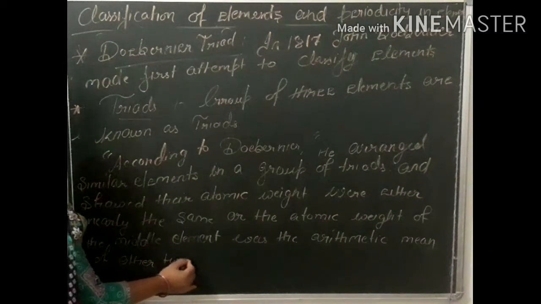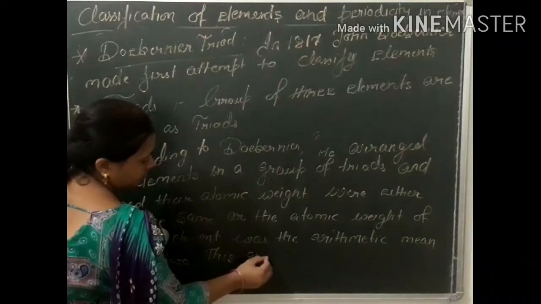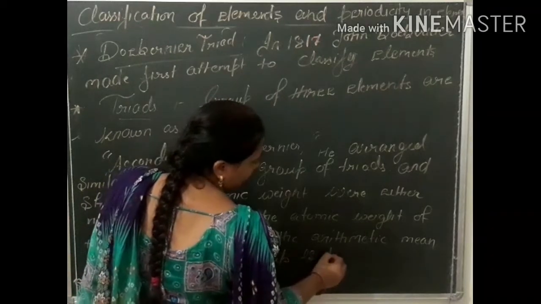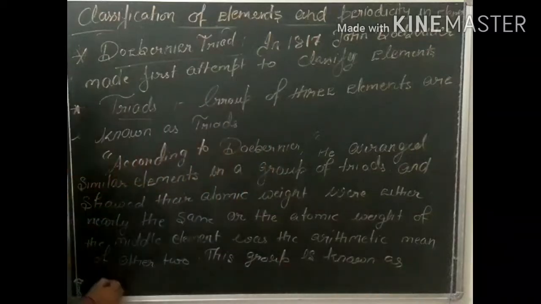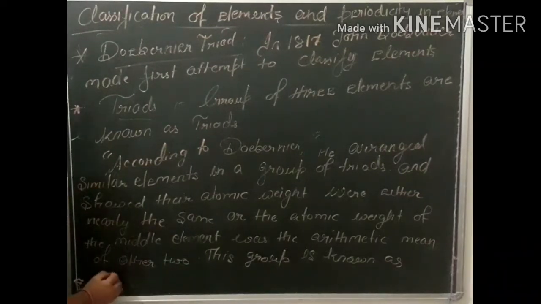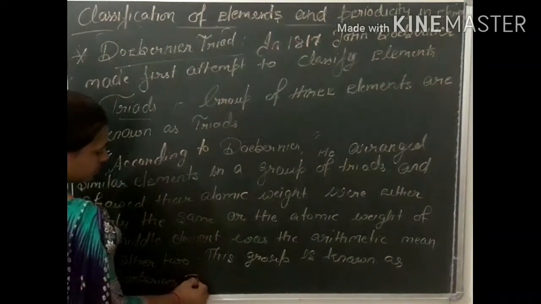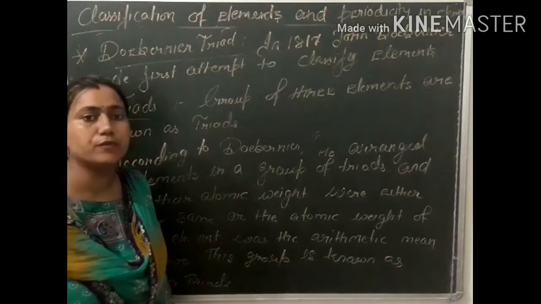This group is known as Dobereiner triads, and this generalization was called the law of triads.